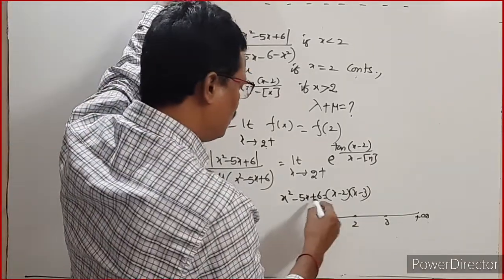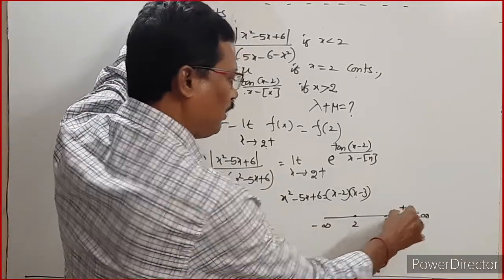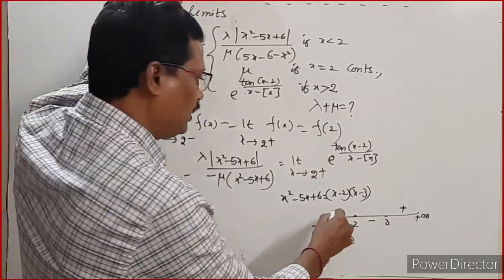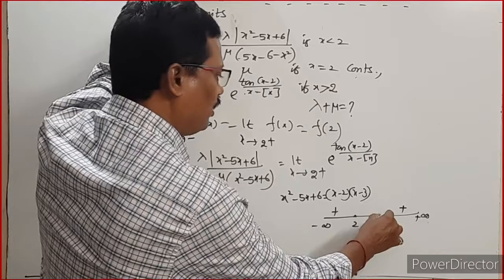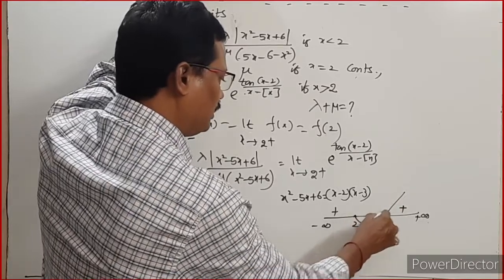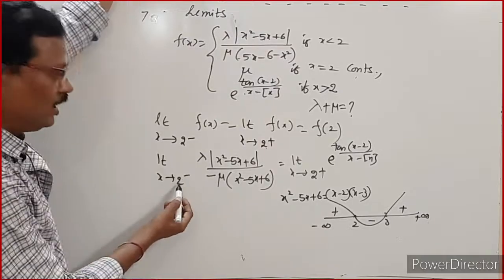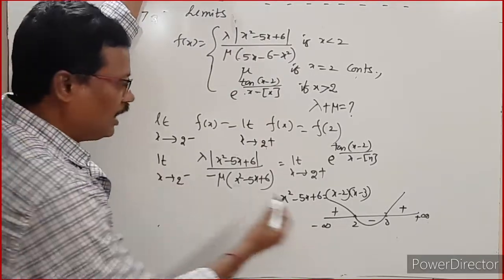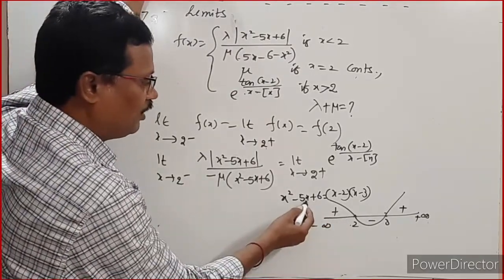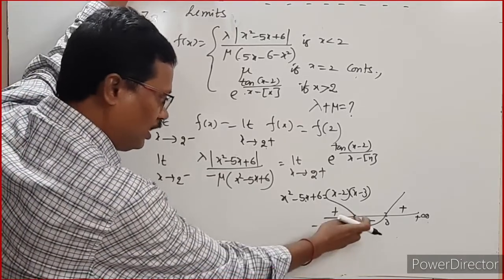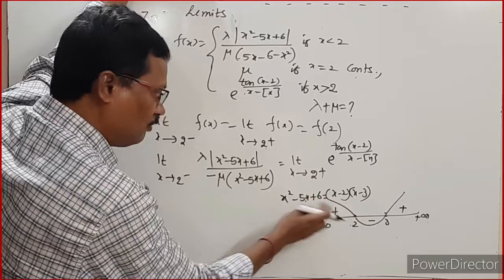Now after the root, the sign of this expression is plus, between 2 and 3 minus, go to left side it is a plus. Therefore it will be like this. Okay. Now x is just less than 2. If x is just less than 2, what about the sign of this one? Positive. Therefore just less than 2 here, this is a positive.